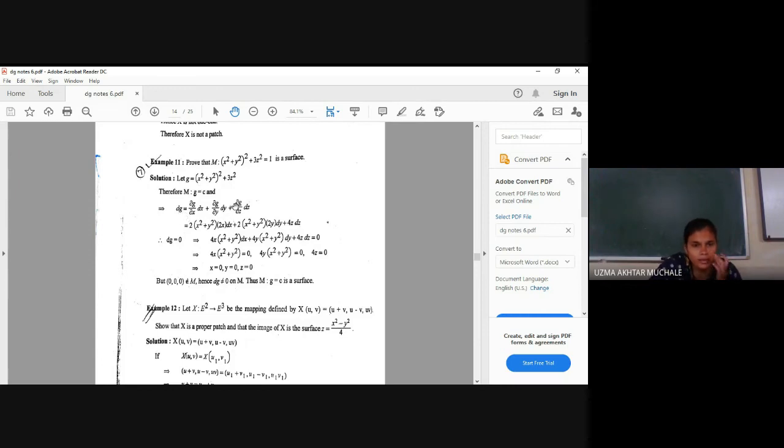I hope everyone remembers, I told you to download one Newton demo or function plotter. In that, if you plot this function x square plus y square plus 3z square is equal to 1, at that time you can directly see what the surface actually looks like. I hope you have downloaded it.